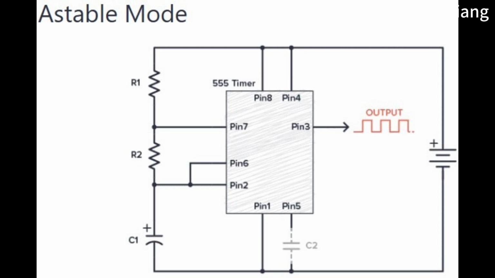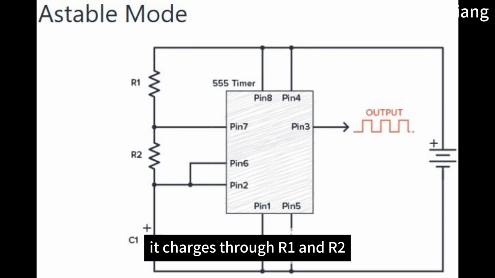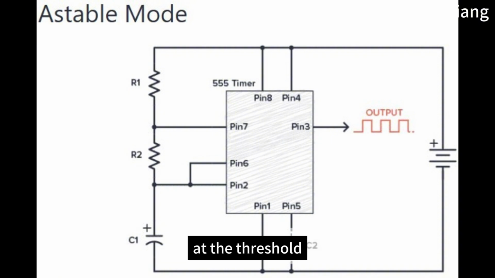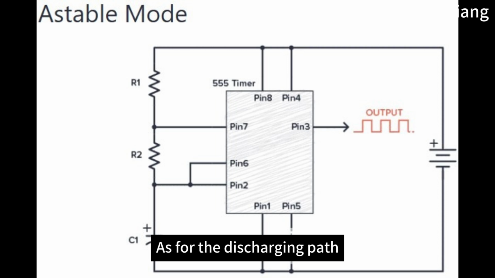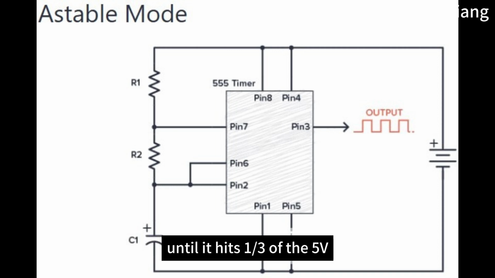So the charging path of the capacitor: it charges through R1 and R2 until it hits about 2/3 of 5V, at the threshold. As for the discharging path, it discharges only through pin 7 until it hits 1/3 of the 5V, which is the trigger.